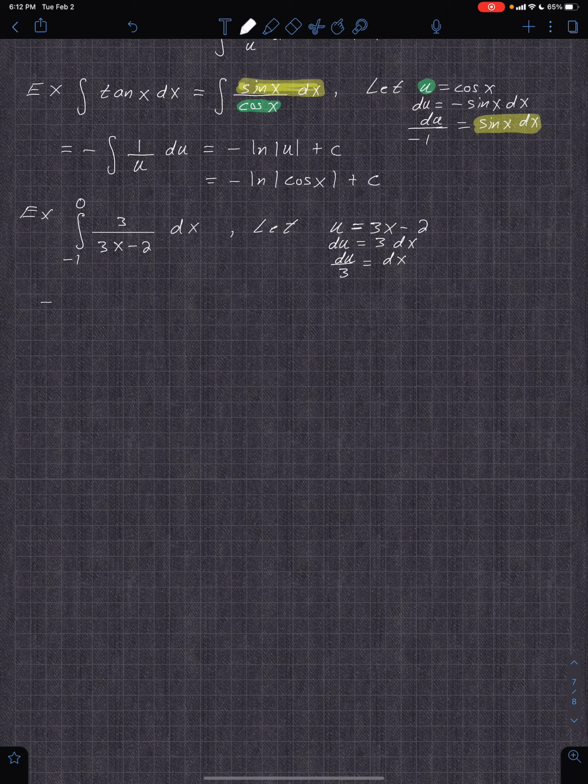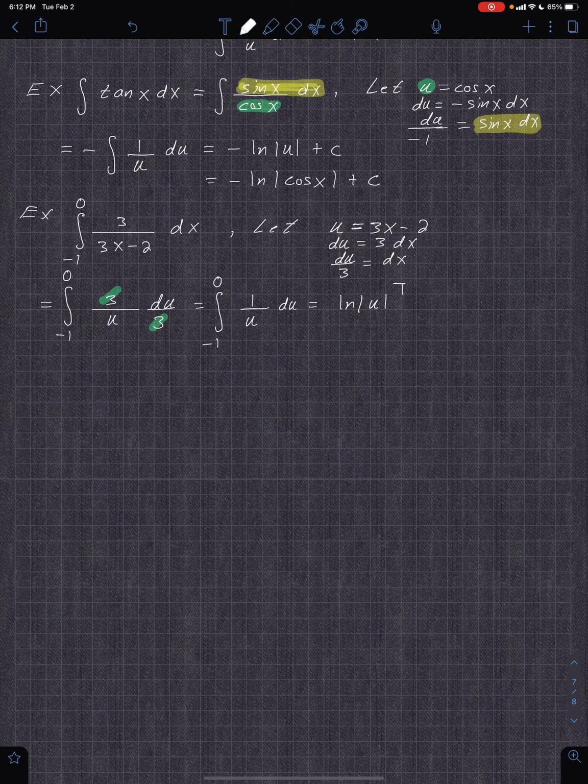So this is equal to the integral from -1 to 0 of 3 over u, and then du over 3, and then those are gone. And so you get the integral from -1 to 0 of 1 over u du, and we know what that is. That's ln absolute value of u.